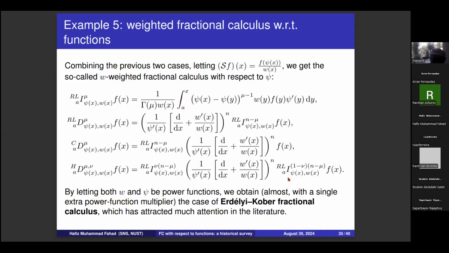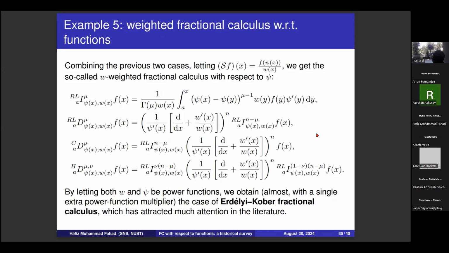If we let S applied on f give first the composition of the function f and psi, then a division by the weight function W, the model of fractional calculus we obtain is called the weighted, or W-weighted, fractional calculus with respect to the function psi. The model is given over here in these equations.